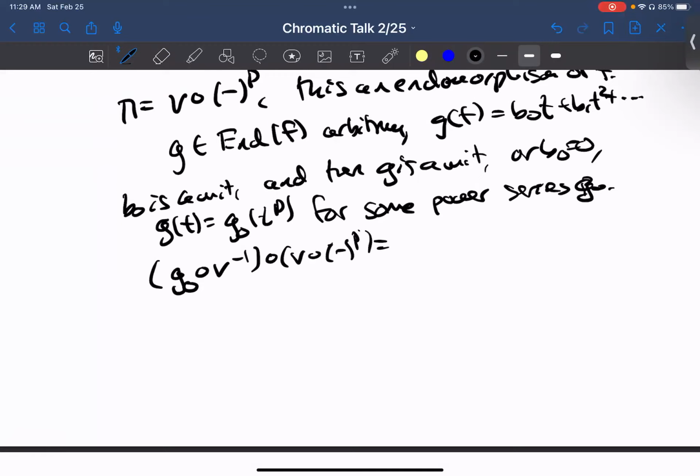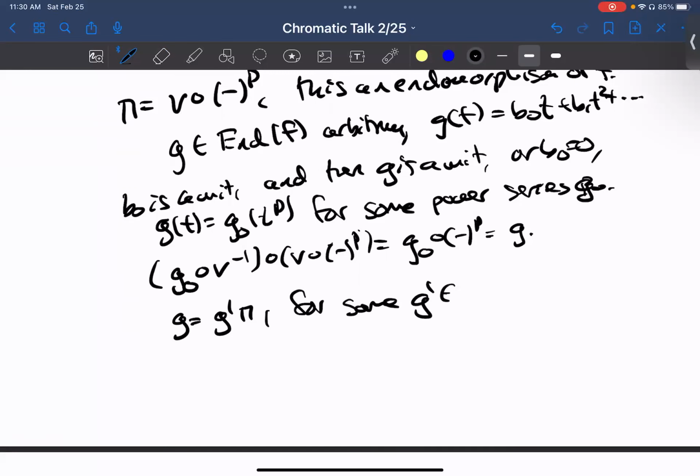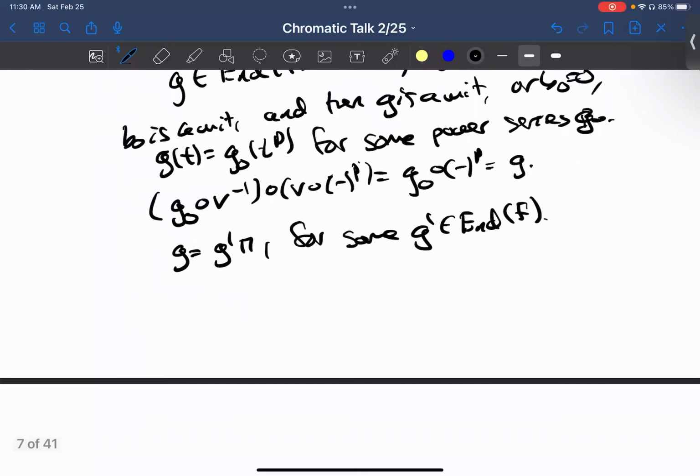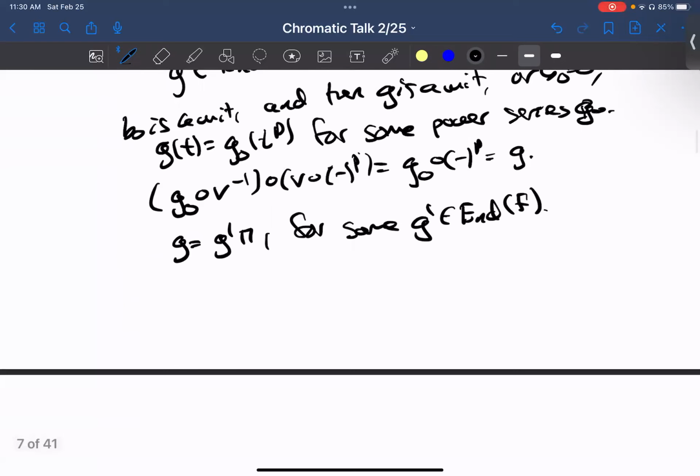And then this is going to be G0 of the power of p map, which is equal to G. So that G is equal to, we call this G prime pi, for some G prime in the endomorphisms of F. So any non-unit can be written in the form of G prime times pi for some G prime.